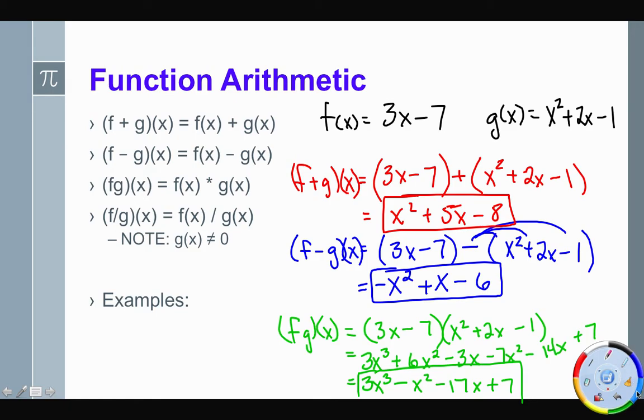All right, and with the division, for the most part, all we are going to do is write them as the division pieces. If we did f of x divided by g of x, we would get 3x minus 7 all over x squared plus 2x minus 1.